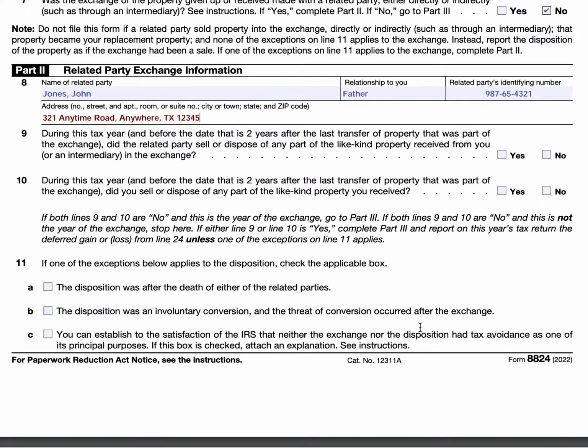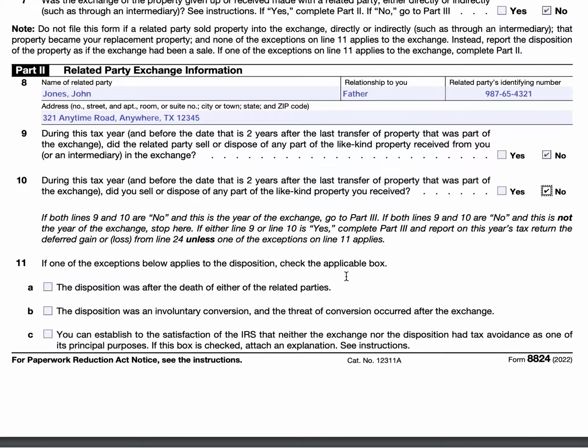If either line 9 or 10 is yes, then you have to complete Part 3 and then report any deferred gain or loss unless an exception on line 11 applies. So for intents and purposes, we'll just select no here, but then there are 3 exceptions.